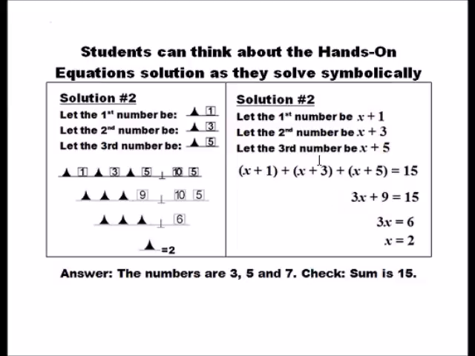As they solve this symbolically, they combine their x's, they get 3x plus 9 equals 15. You subtract a constant 9 from each side, and so the pawn is worth 2. So the hands-on equations verbal problems book is very helpful in introducing students in the middle grades to verbal problems. Thank you.